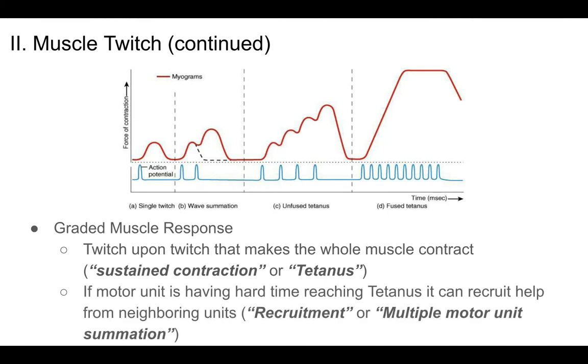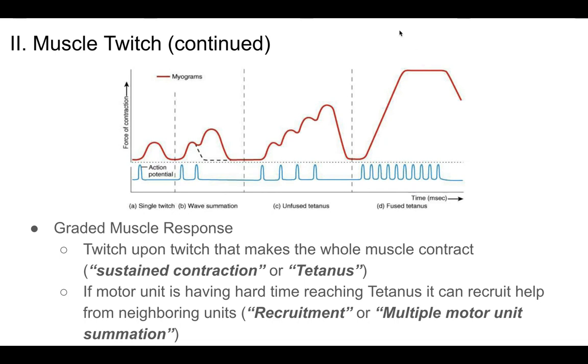He also talked about the idea that if a motor unit is having a hard time producing a graded muscle response, so this is one motor unit trying to work towards tetanus, if it can't achieve tetanus or sustained contraction, it can call in help from neighboring units. That is called recruitment or multiple motor unit summation. Either of those words could be recognized as similar in concept.